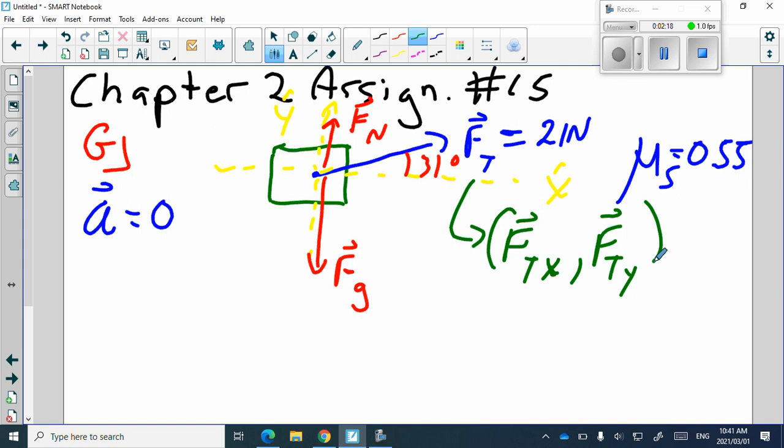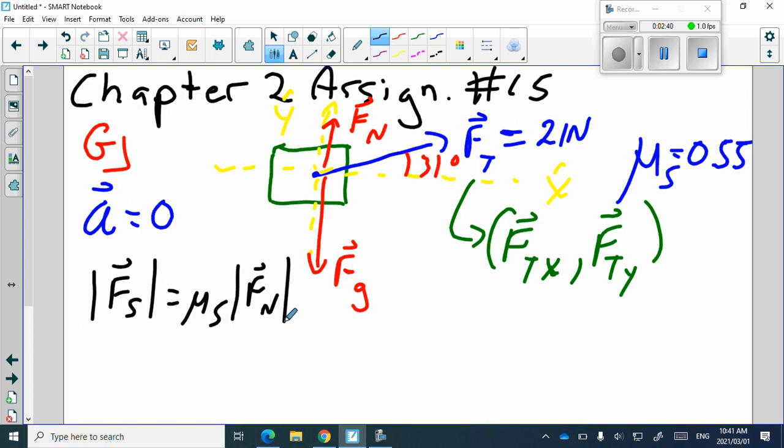And then it says, determine the smallest possible mass of the box. Now, the reason it's the smallest possible mass, I need you to think about this. The reason it's the smallest possible mass is, look, force of static friction is equal to mu s times the normal force.